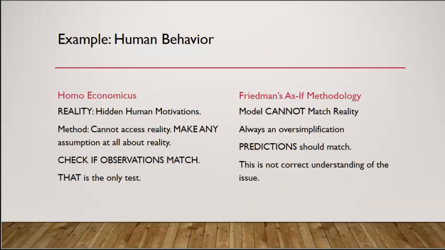So now we come to human behavior. Again, economists say that the Homo economicus is a model for human behavior, and the Homo economicus is a robot who maximizes utility at all times.